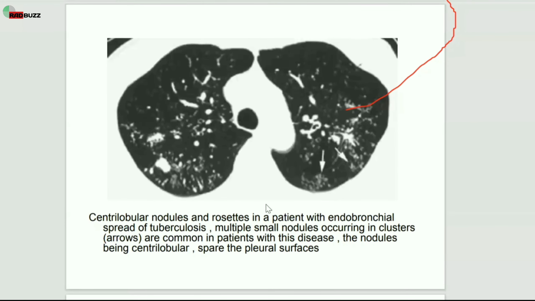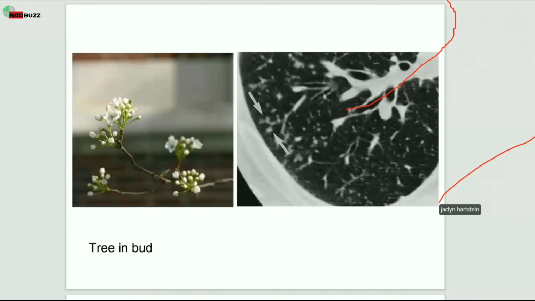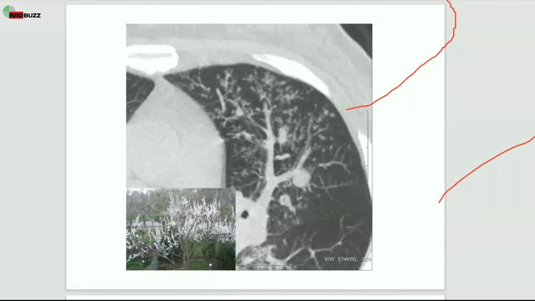So there's tree in bud appearance more, sparing the pleural surfaces. So this is again an example to show how a tree in bud appearance looks like. That's a tree, and in the buds there are nodular small changes. Again, just to show how tree in bud appearance looks like.